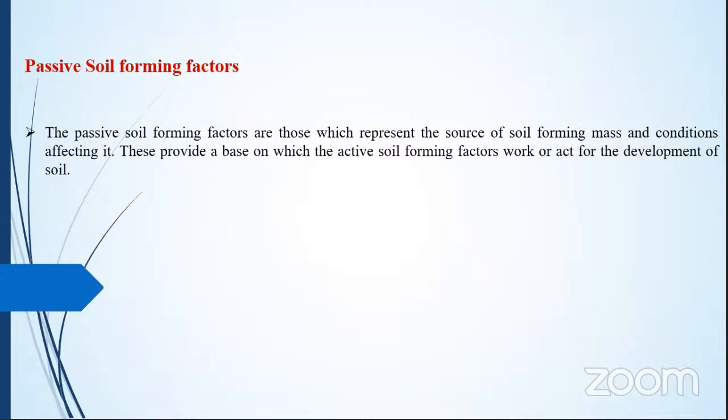They need not be any energy factor, they just represent the soil forming mass and conditions. There is no need of any external energy source. But these passive soil forming factors will provide the base for the further weathering by active soil factors.